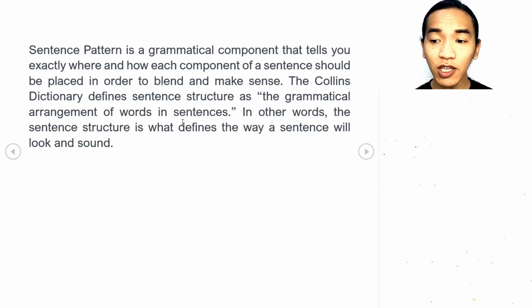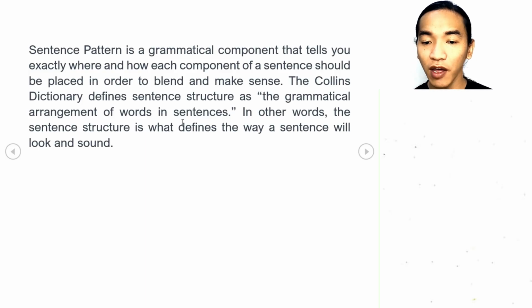Okay? So, in short, sentence pattern is when we have to know how to put the words in our sentences so they would make sense with the meaning of the sentence that we are trying to say.